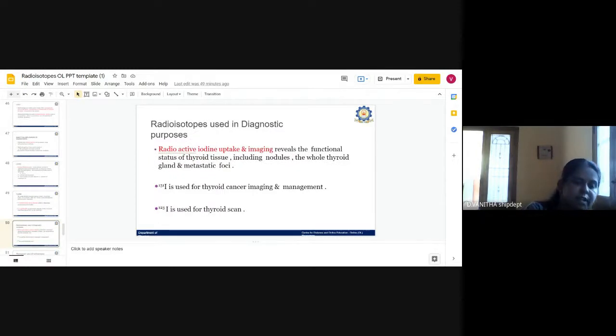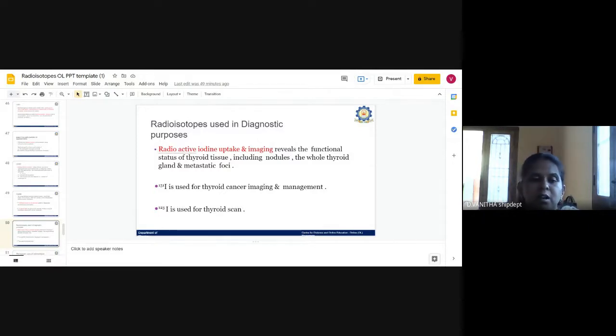For diagnostic purposes, radioactive iodine reveals the functional state of thyroid tissue, including nodules, the whole thyroid gland, and metastatic foci.